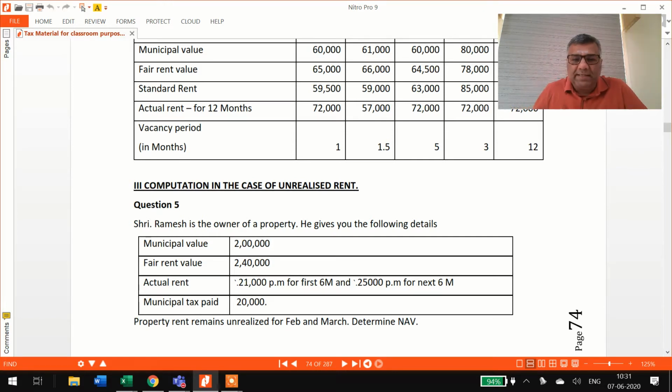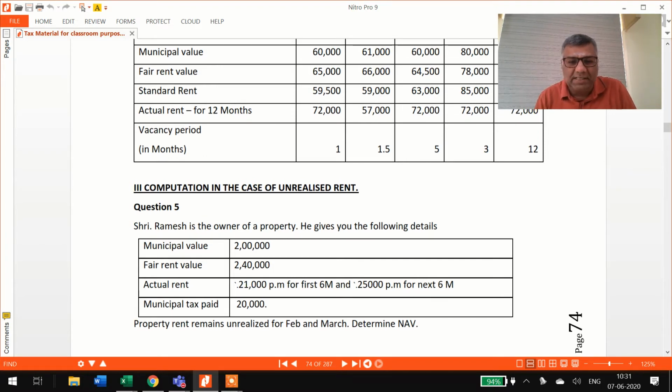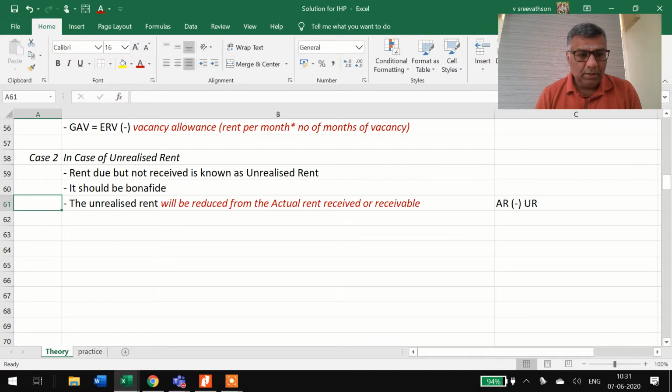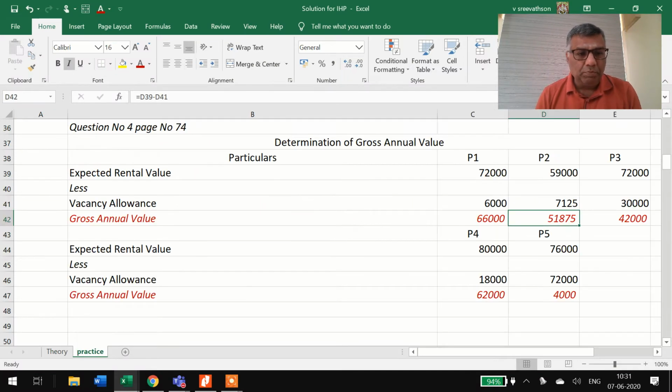So write it and keep it here. Municipal taxes paid 20,000. Property rent remains unrealized for February and March. Determine NAV. So it is a straightforward question. We do not even have standard rent, so it is all the more simple. To your practical notebook.